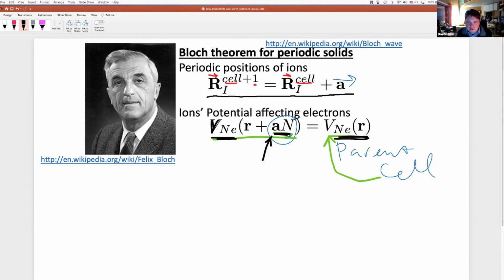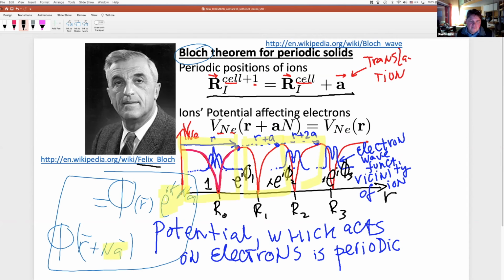Now the question, and in the following slide I will overview rather than derive: how the periodicity of the model will reflect on properties of electrons, of electronic orbitals and electronic energies. If you have positions of ions, then near each ion in the first cell, the second cell, the third cell, the potential, which is described here by the red line, will be repeatedly the same.